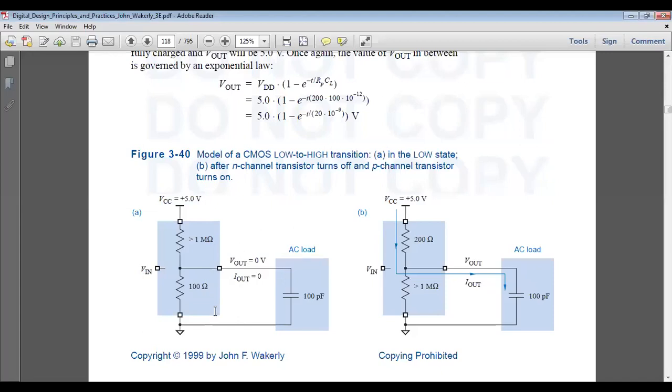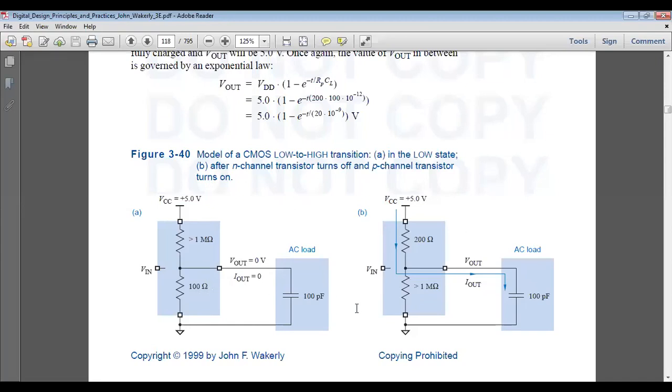So now take the second condition. Here the second condition is low to high transition. When the transition is from low to high, see the first figure. In this case, the output is initially at low and it is trying to go to the high state. At the low state, the PMOS transistor is off and the NMOS transistor is on.